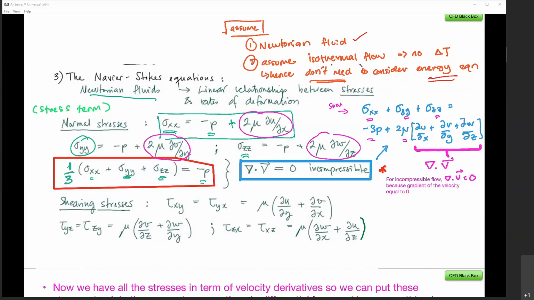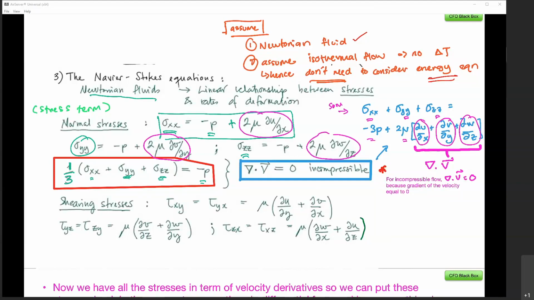But for incompressible fluids, the vector operator multiplied by v, or basically the gradient of the velocity. Remember du dx, dv dy, dw dz is just a gradient, and a gradient means slope.